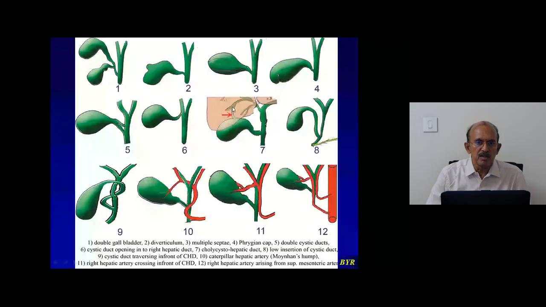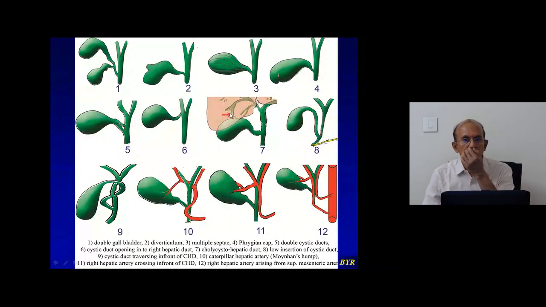That means this is going to join one of the branches of the hepatic duct. Unless you identify this one, if you are doing a cholecystectomy and removing the gallbladder from the gallbladder fossa of the liver, you are likely to tear it off. When it's torn, what will happen? There will be oozing of bile and again bile peritonitis. So if you put a ligature, that problem will not be there.